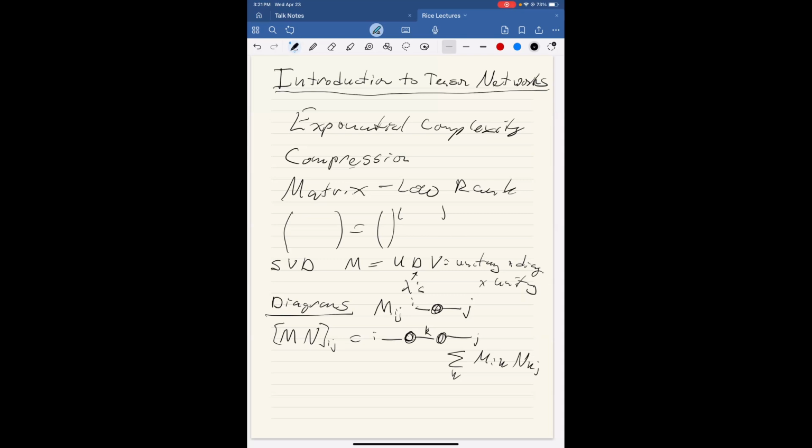It doesn't buy you too much for matrices. The algebraic notation is good, but when you're doing tensors, it's great. And a little bit of history: back in the early days of DMRG, before it was really tensor networks, we were doing matrix product states in algebraic notation without any diagrams.